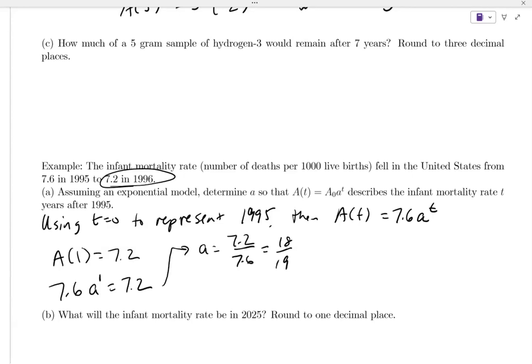So I can reduce it to 18 over 19. So our final function then would be 7.6 times 18 over 19 to the t power. If you just want to leave it at 7.2 over 7.6 and plug that in right there, that's perfectly fine. Maybe a little bit easier.